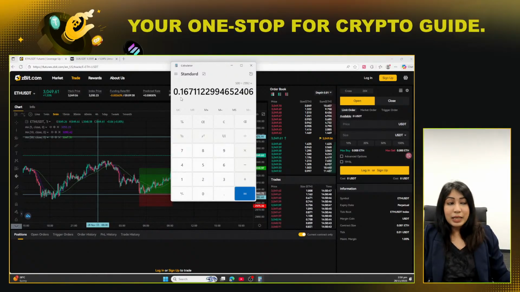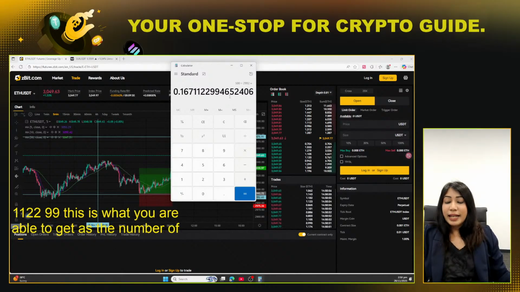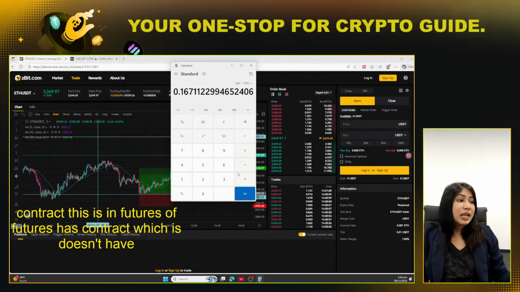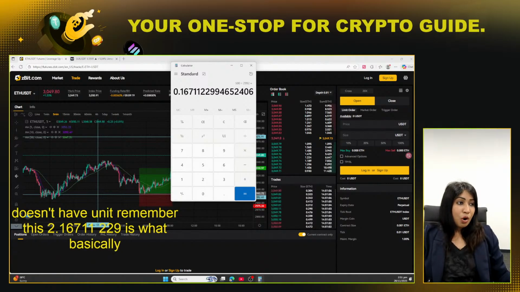So you were able to get around 0.167112299. This is what you were able to get as the number of contracts. This is in futures. Futures has contracts, futures doesn't have units. Remember this. So 0.167112299 is what you have bought.